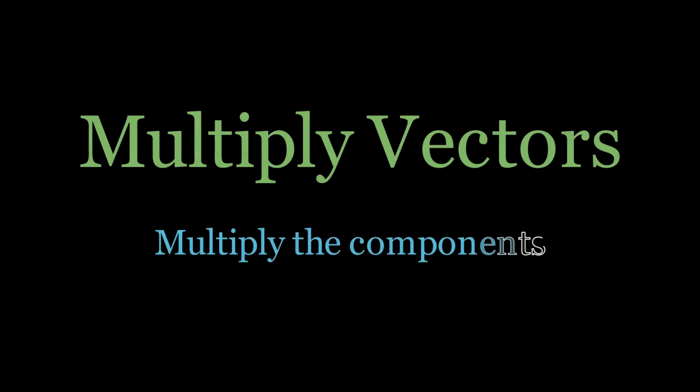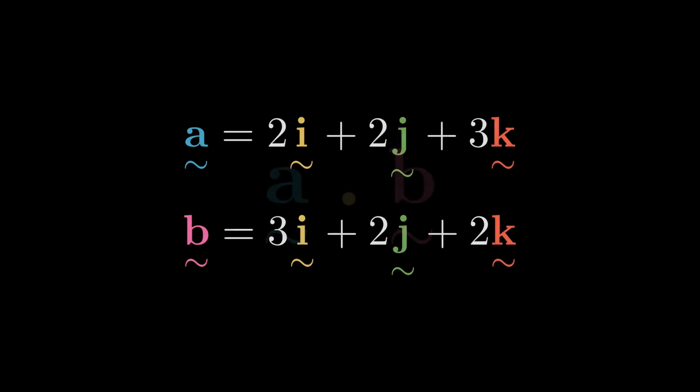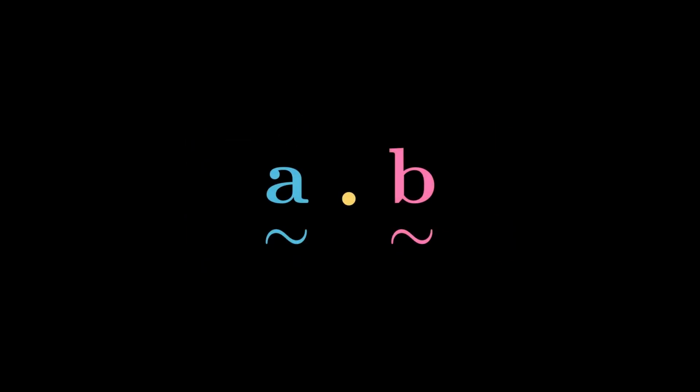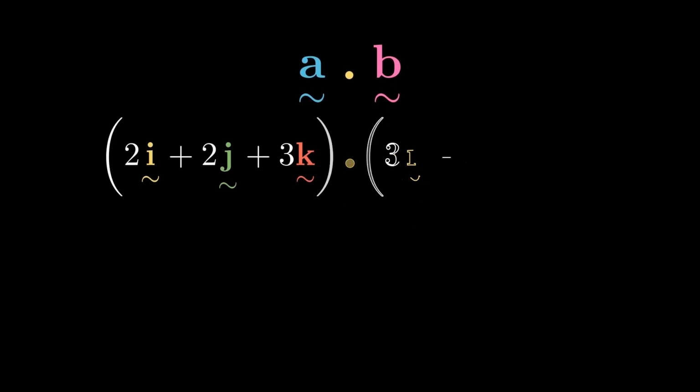When we multiply vectors algebraically, we only multiply the components and add them together. Let's take example vectors A and B, and we say A dot B. Let's now write out our vectors algebraically and have a dot between them.